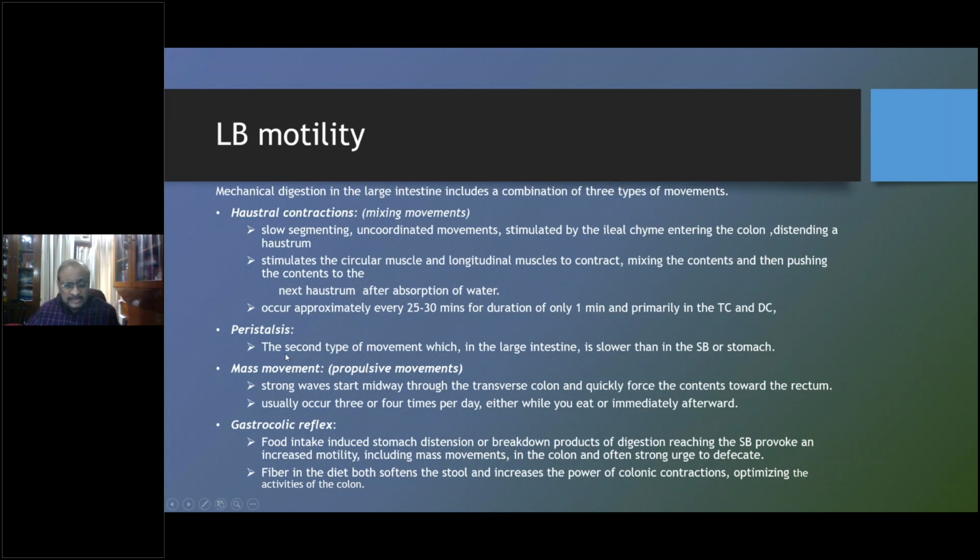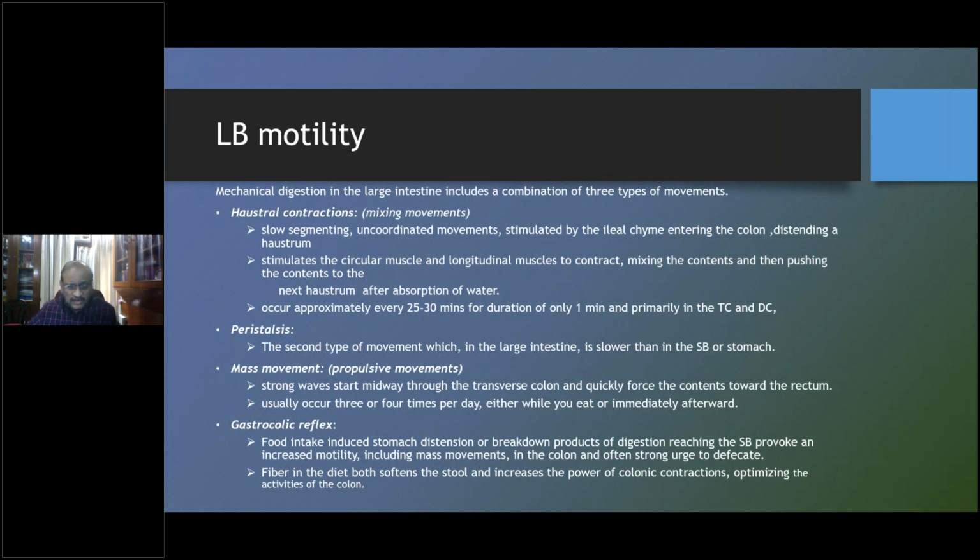The peristaltic activity is the activity which is found throughout the bowel, but as compared to the rest of the bowel, that means small bowel, stomach, and so forth, here it is very slow. So that is the peristaltic activity in the large intestine. The third is the mass movement, which is the propulsive movement, which is the most important movement as far as the onward transmission of the fecal content is concerned and ultimate defecation is concerned.